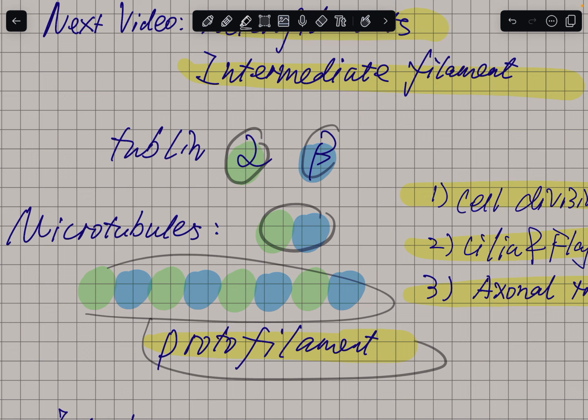So don't get confused. Protofilament is really not a new type of cytoskeleton, but really the component of our assembly, okay? And then I believe it's 12 of those protofilaments that also form this hollow shape, where you have a lumen. Then that's the assembled structure of microtubule, okay?